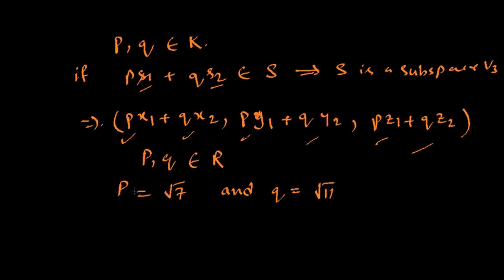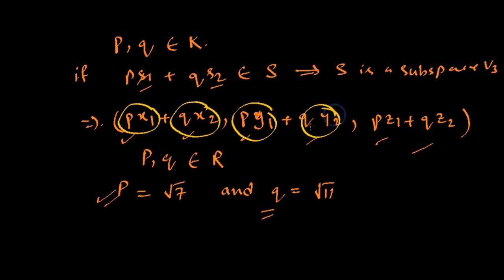What will happen to these elements? When P and Q are irrational, all these elements will become irrational.